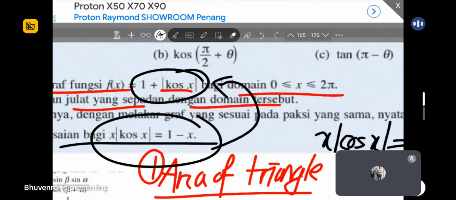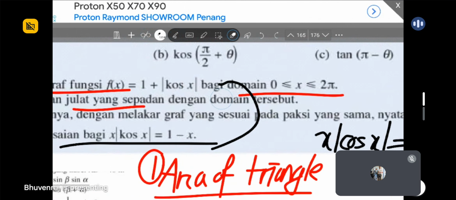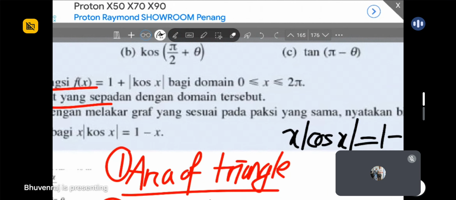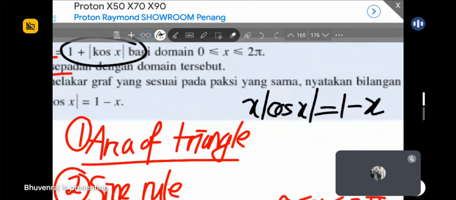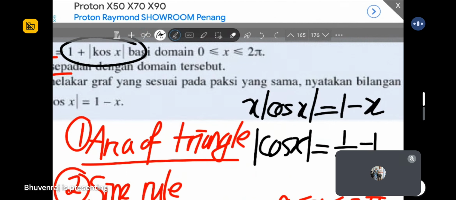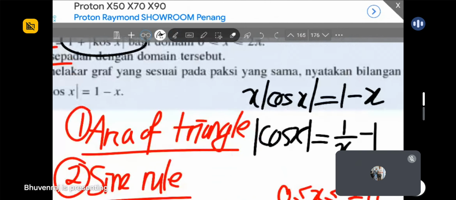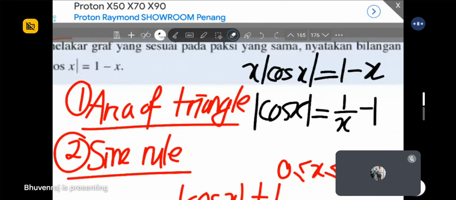Okay, so first step, of course, you're going to divide by x. Am I right? Because you don't see any x in your answer. Tak ada sebutan x. So divide the whole equation by x. So modulus cos x equal to 1 over x minus 1. Okay, now, very close. Sangat dekat. So you just need to plus 1. Tambah 1 saja.